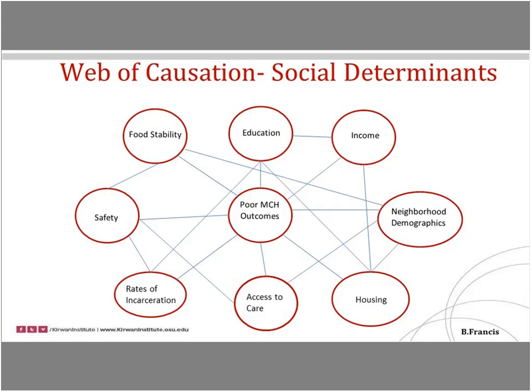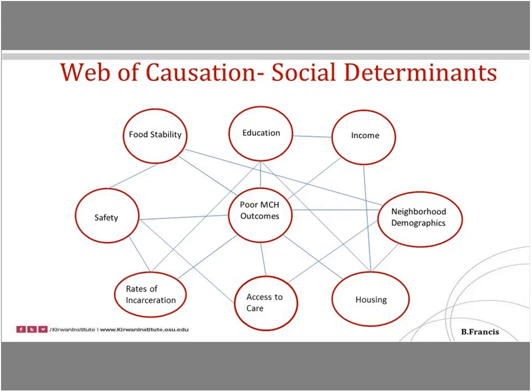But this is the idea that we've been tackling with social determinants: it's not just one risk factor or exposure that contributes to a disease outcome or poor outcomes in communities, but a multitude of factors working together simultaneously to affect the outcomes in our communities. In particular, with infant mortality, we think about food stability, so access to fresh fruits and vegetables.